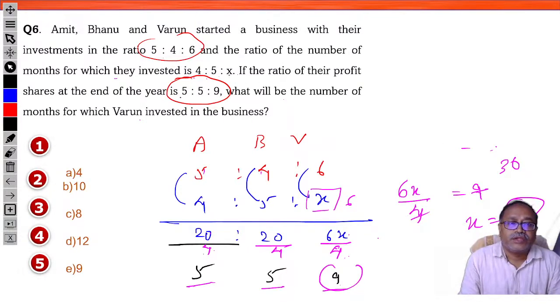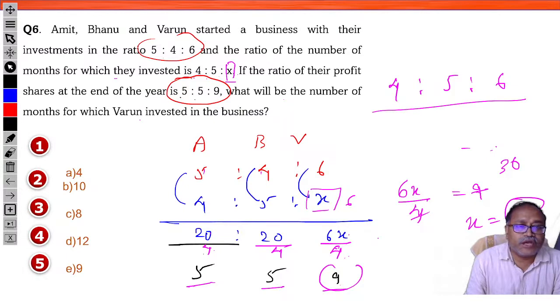Wait. So this is x, and this x is equal to 6. 4 is to 5 is to 6. This is the time ratio, and the business was there for how many months? Then what will be the number of months for which Varun was there in the business? And the whole business for how many years?